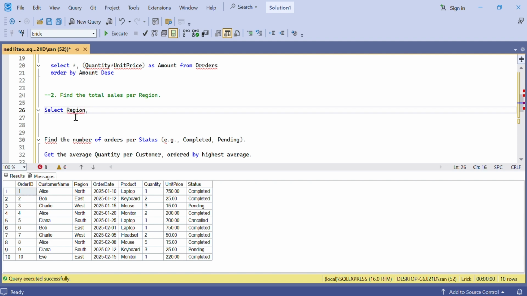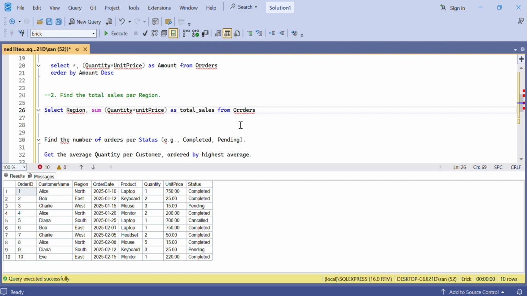Total sales is the SUM of quantity times unit price, and we call it total sales, from our table, which is this one.